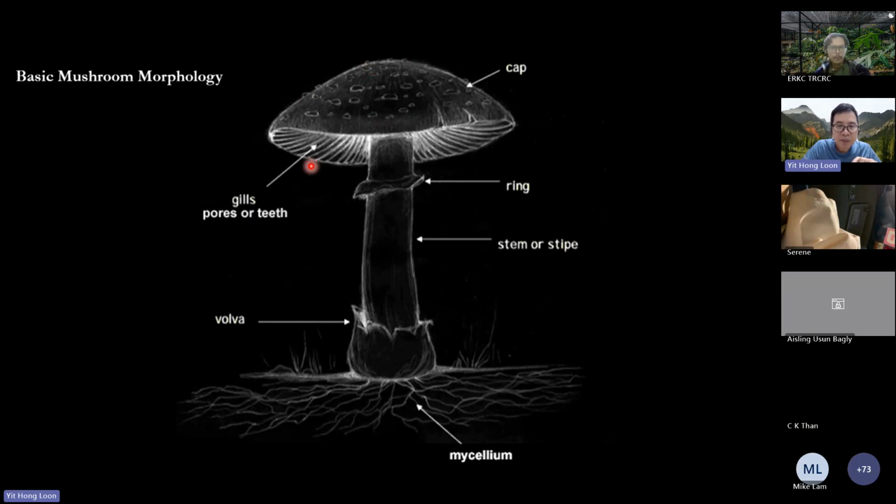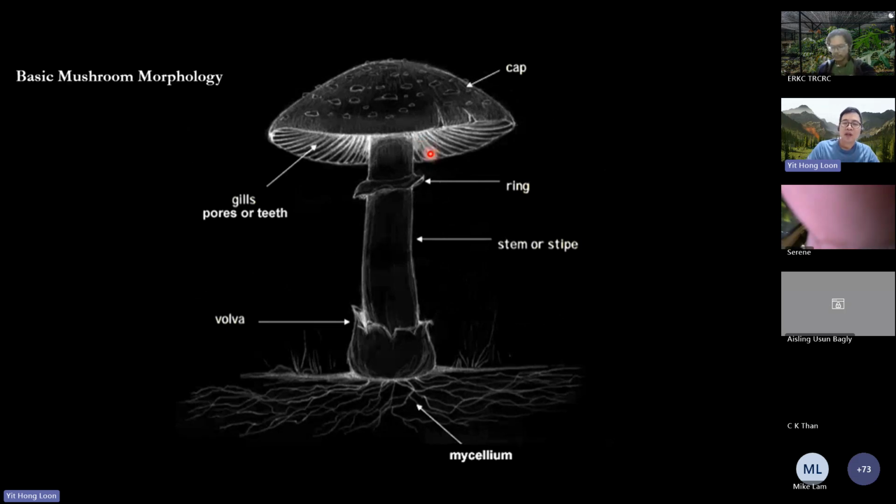Underneath the cap, sometimes you will see gills, pores, or teeth. This is the area where the spores are kept. Mycologists call this area the fertile part of the mushroom.